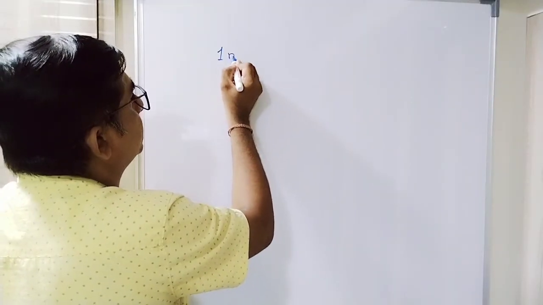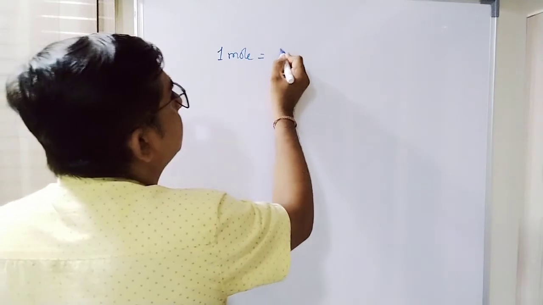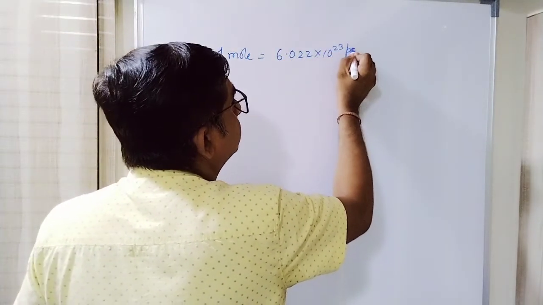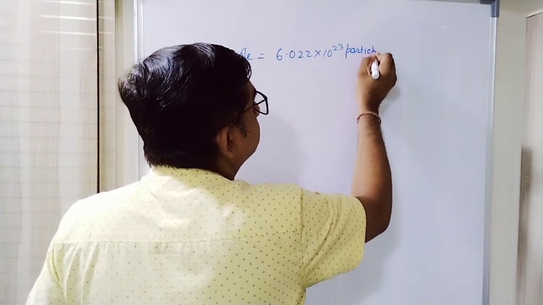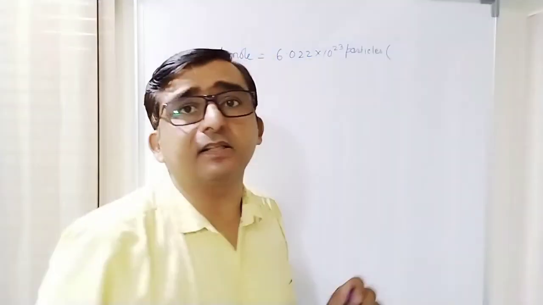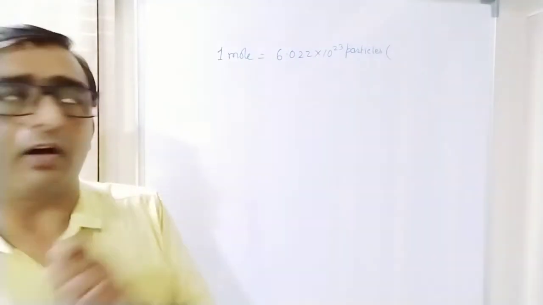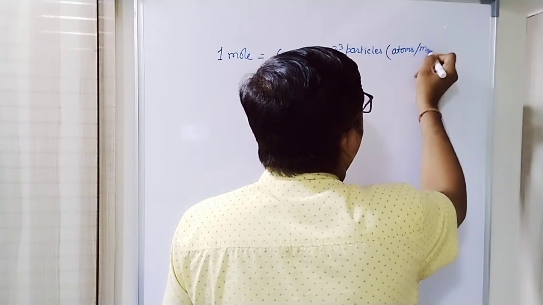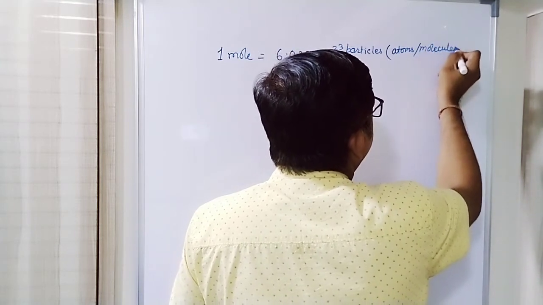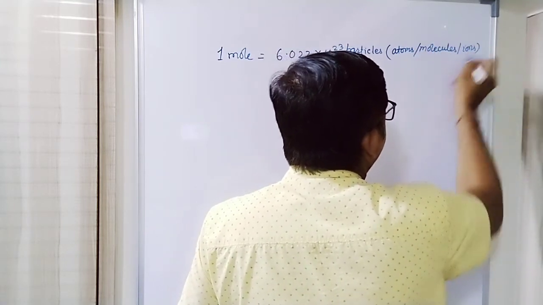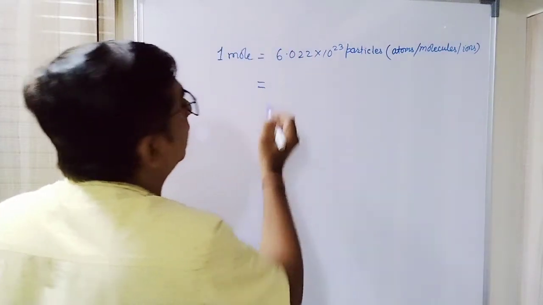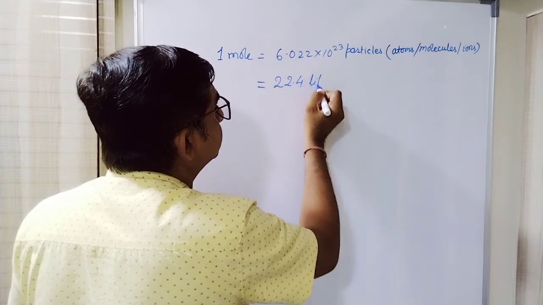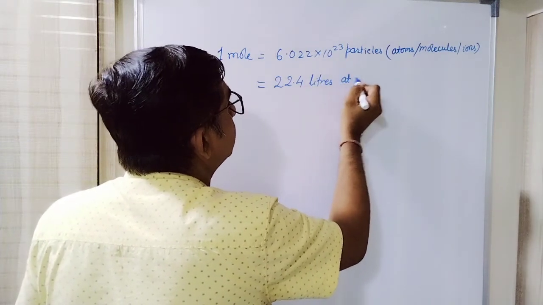1 mole of any substance will contain 6.022 into 10 raised to 23 particles. Those particles may be atoms, molecules or ions. That is also equal to 22.4 liters at STP.